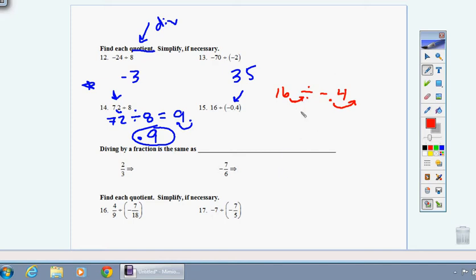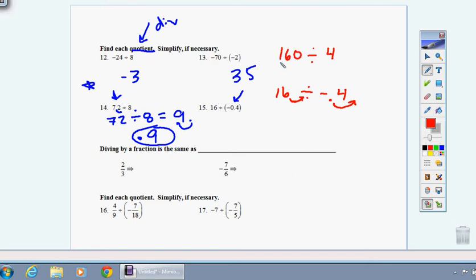So this is going to turn from 0.4 to, keeping my division sign, I'm moving the decimal from 0.4 here, so that's going to turn into just 4. And this one is going to turn from 16, and I'm moving the decimal over this way as well, so I'm adding an extra 0 to get 160.